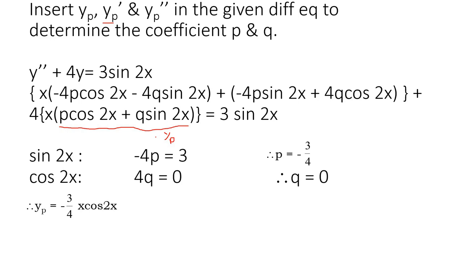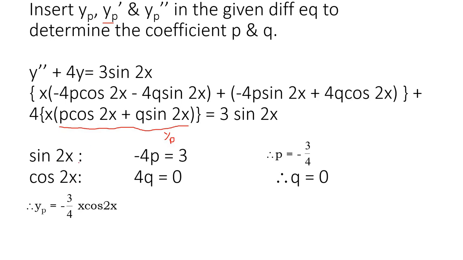So same thing here. If you cannot extract directly, you may expand, simplify, and then compare the sin 2x term and cos 2x term. Then you should be able to get p and q. However, here I just directly extract. If you cannot, you may expand it.